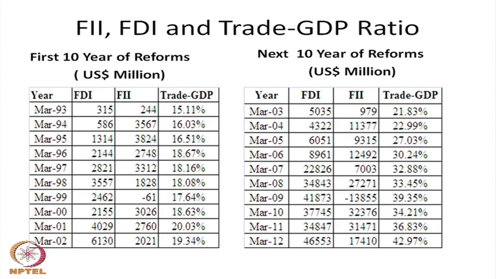So, trade-GDP ratio, FII investment, FDI investment are indicators which provide some kind of information about the progressive integration of the Indian economy with the world financial system.